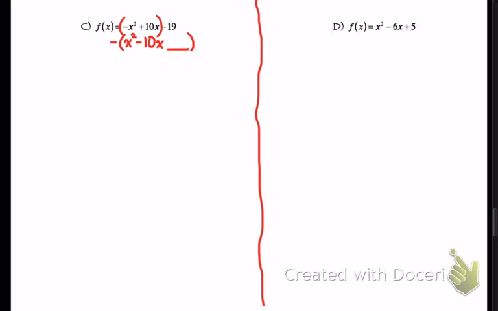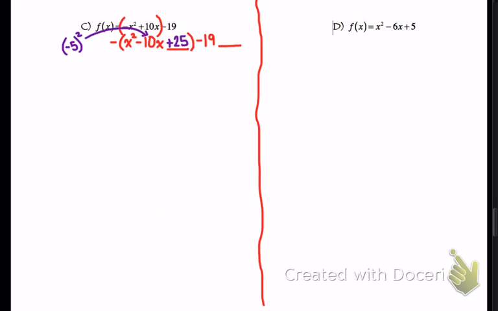Alright, so half of the middle term and square it. Alright, so there is my positive 25. Okay, here is where I'm going to lose the majority of you. And I think, hopefully, you're paying attention.